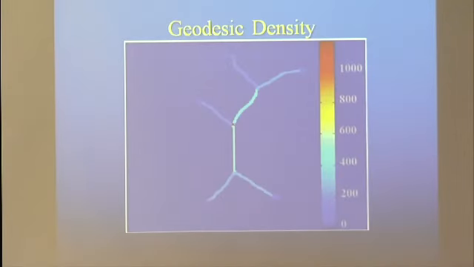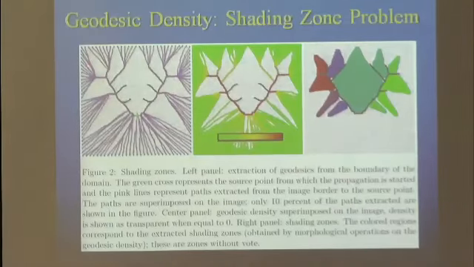So in this example, it's not a problem. But in this example here, you see that it is a problem. You have a large region here where no geodesic passes by, which means that these branches here will have about 0, and this is why we call this a shading zone problem, which means that it's like you have a shade here and no light passes by, no geodesics pass by.